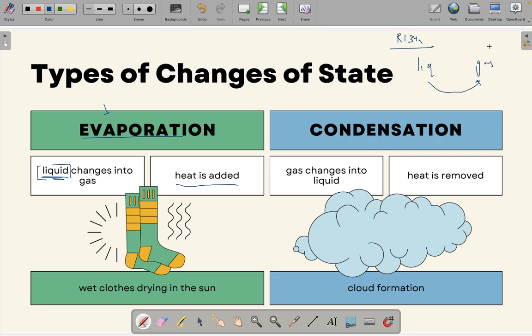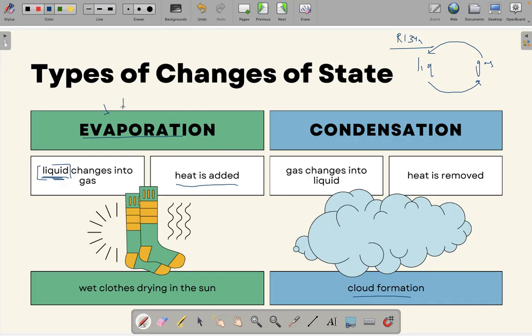And when you are converting gas to liquid, you should remove heat. So you should cool a gas to get a liquid, and you should heat a liquid to get a gas. Heating means add heat, cooling means remove heat. An example of evaporation is wet clothes drying in the sun, and an example of condensation is formation of cloud.